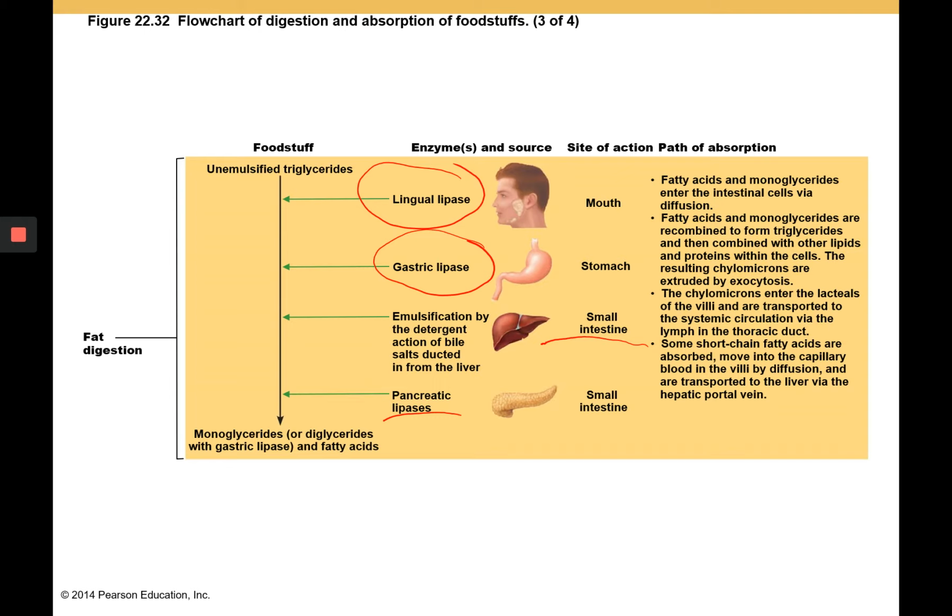But we have to wait till that emulsification step that occurs in the small intestine. But the first lipase we get added to the GI tract is from the mouth. The last ones will be from the small intestine, and we end lipid digestion in the small intestine after emulsification.